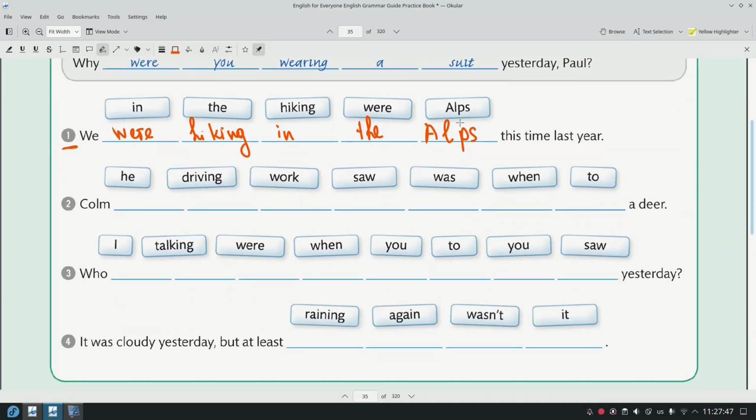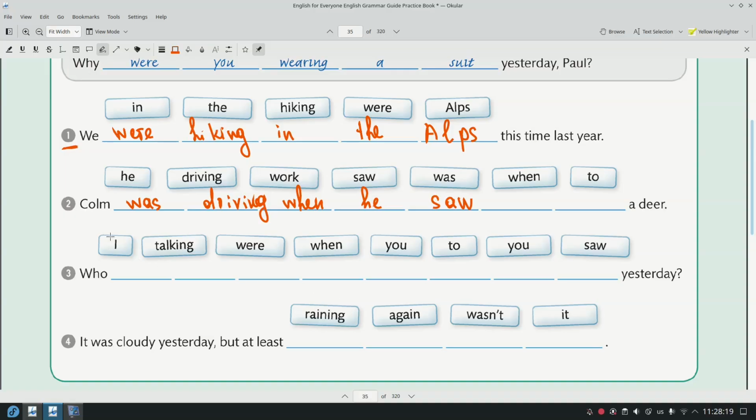What about number 2? Tom was driving when he saw a deer.